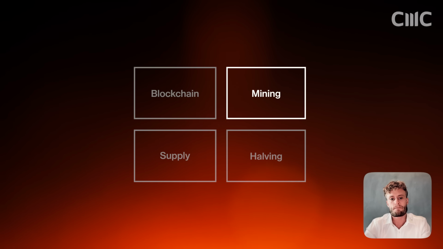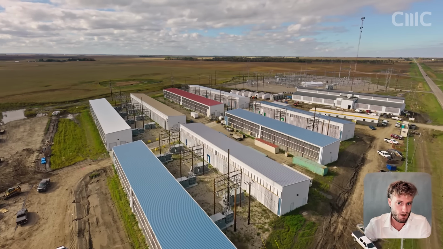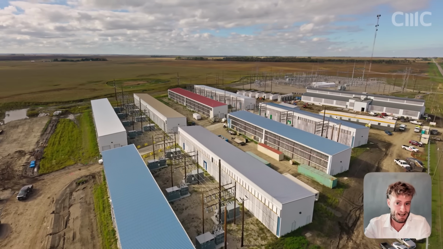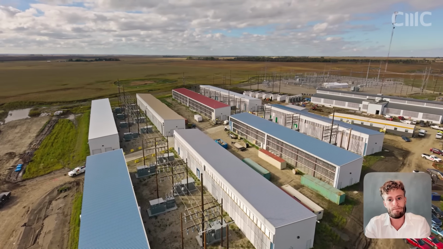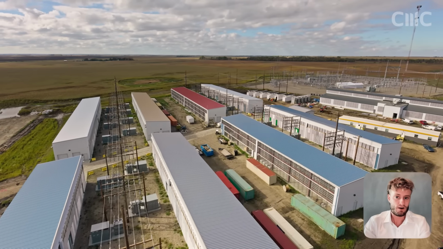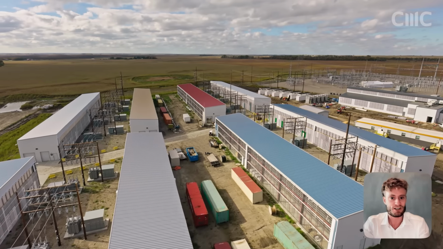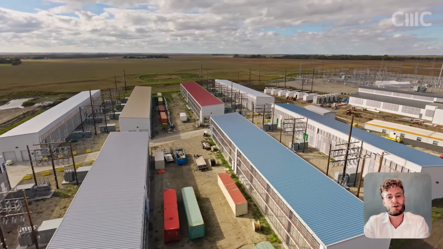Next is mining. So, miners are a special type of node in the Bitcoin network. Their job is to process and add new transactions to the blockchain. You can think of them as having the privilege of adding new rows to that shared Google Sheet I mentioned earlier. So what is Bitcoin mining?